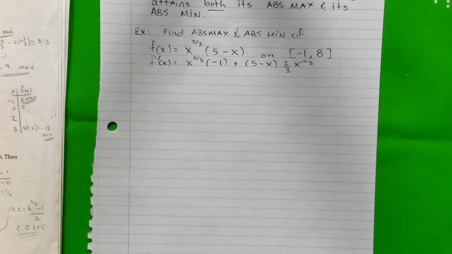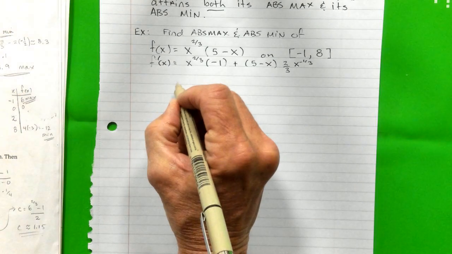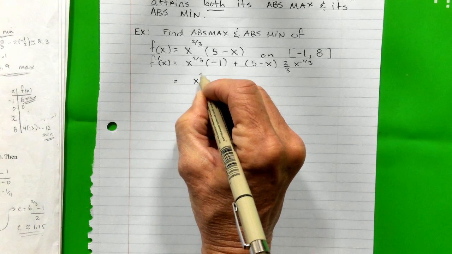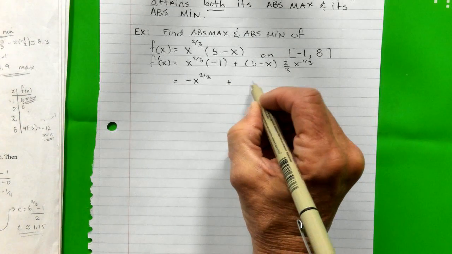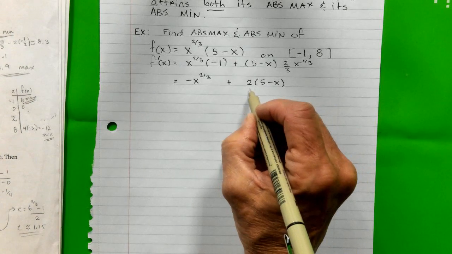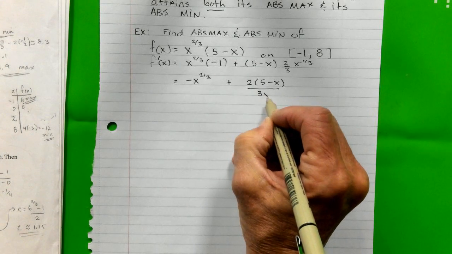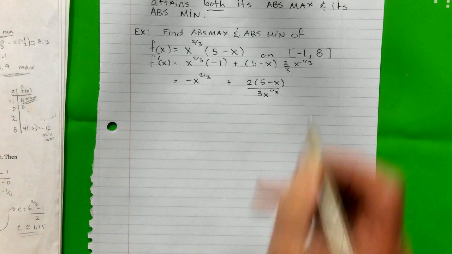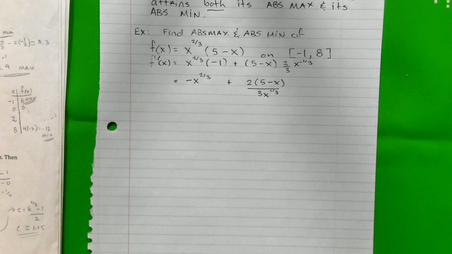So let's write that with positive exponents. The x to the 1/3 goes down on the bottom with the 3.